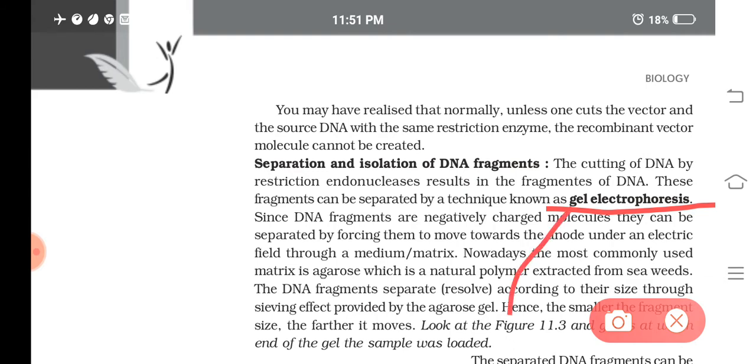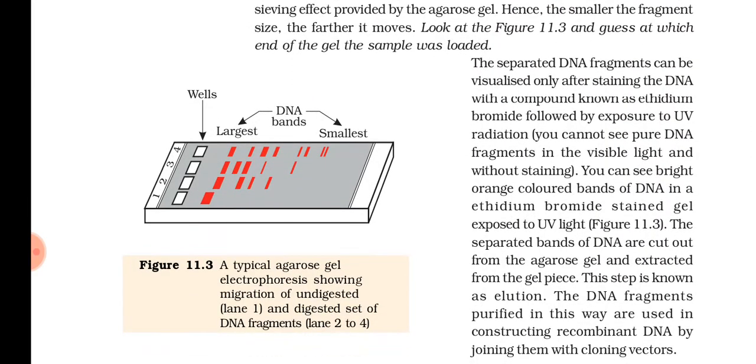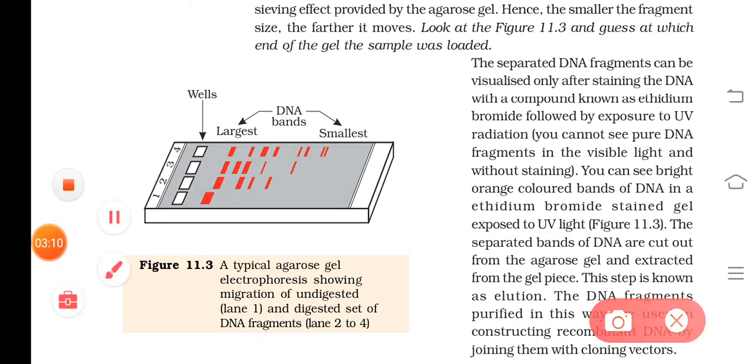Okay, so let's see one diagram. This is one typical agarose gel electrophoresis medium. You can see that some wells are there. Can you see the wells into which the DNA fragments will be added? And then this is the agarose gel, and through this medium the DNA fragments start moving.